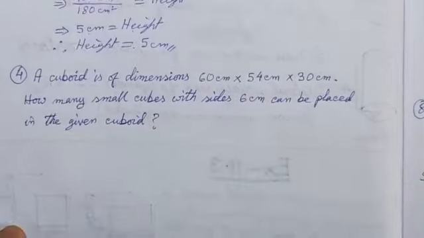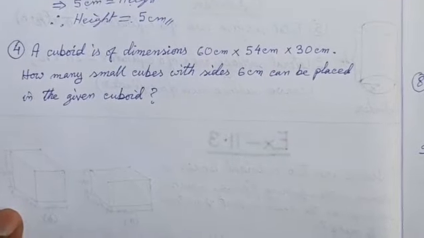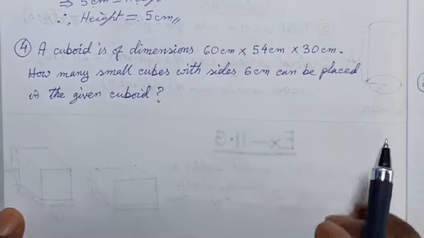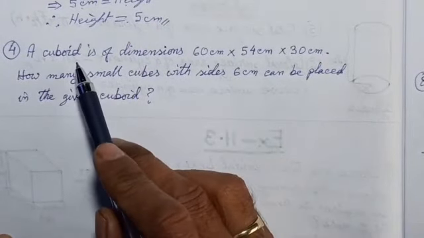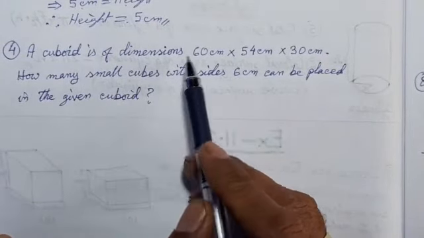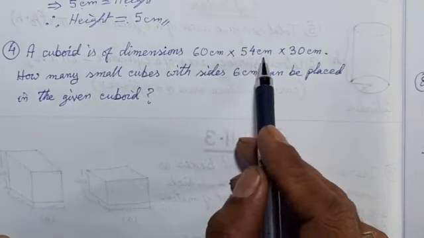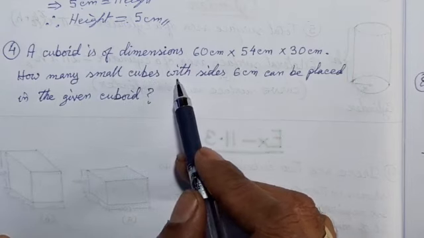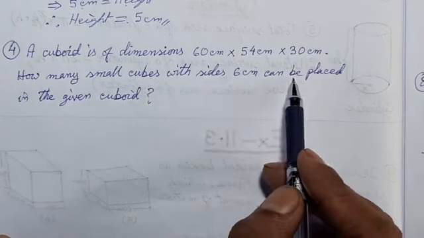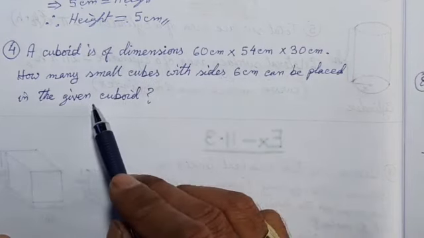Next, let's try question number 4. Let's study the question. A cuboid is of dimensions 60 centimeter, 54 centimeter, 30 centimeter. How many small cubes with size 6 centimeter can be placed in the given cuboid?